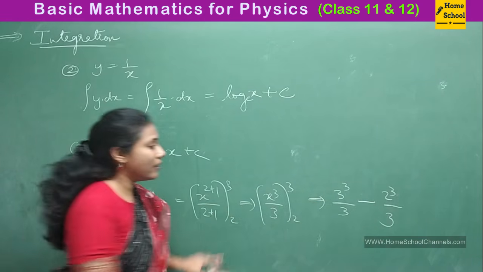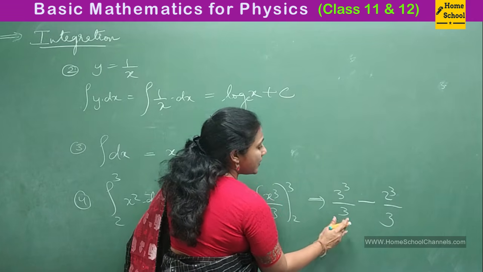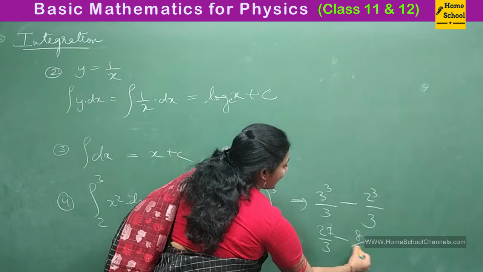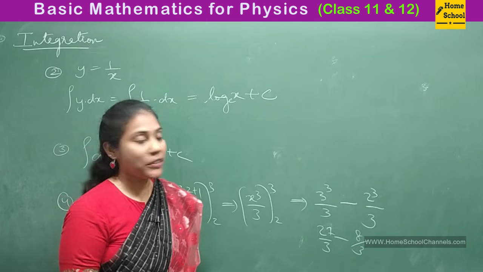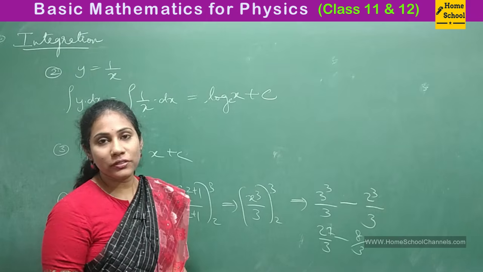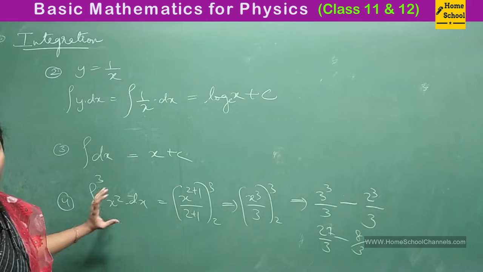So what is your answer? 3 cube is 27, so 27 by 3 minus 8 by 3. If you do this, you will get the answer. Whenever you have limits, this is how you have to do it. This is our fourth case that you need to remember.